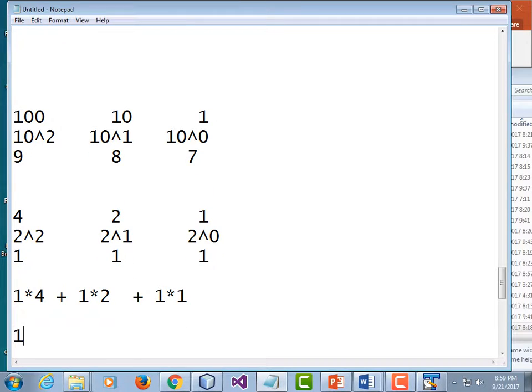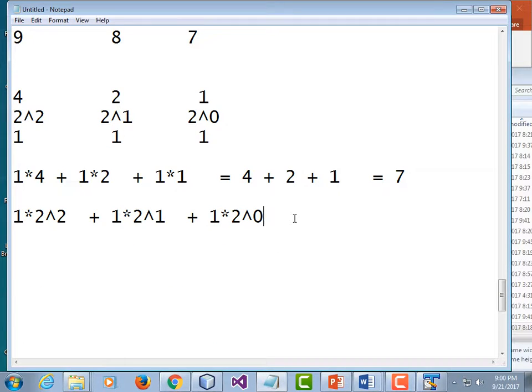Or if we wanted to write it out longhand, 1 times 2 to the power of 2, that gets tedious, plus 1 times 2 to the power of 1 plus 1 times 2 to the power of 0. Come on. You can see why I don't like referring to it like that. But okay, so what's a 4 plus a 2 plus a 1? 7, right? So 111 in binary is a 7.